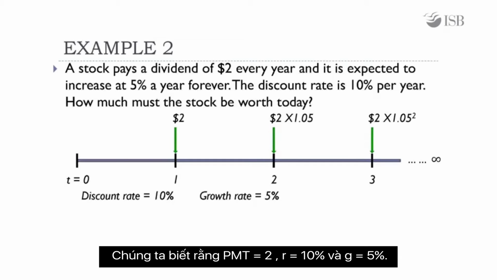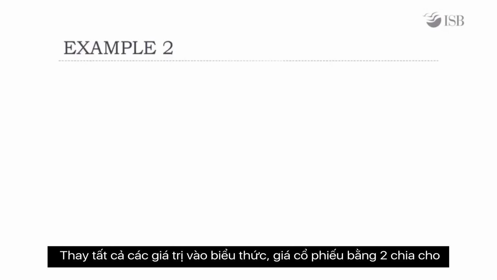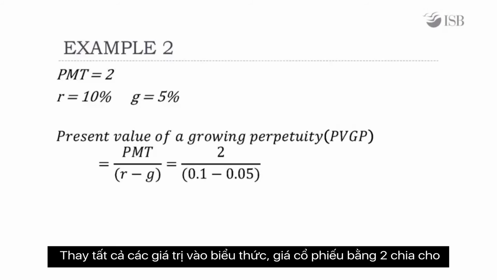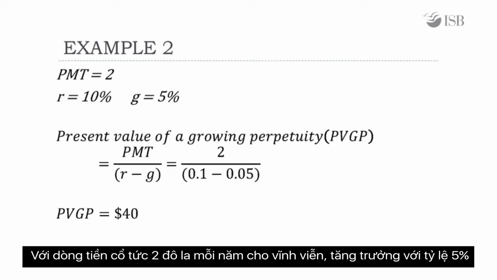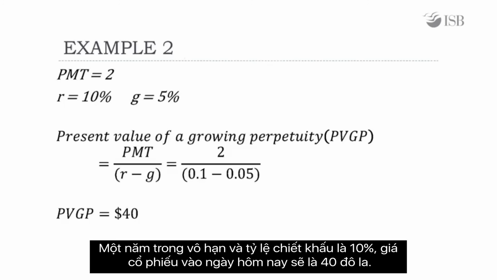We know that PMT equals 2, R equals 10% and g equals 5%. Plugging in all the values, the stock price equals 2 divided by 0.10 minus 0.05, which equals $40. Given the $2 stream of dividends every year forever growing at a rate of 5% a year forever and a discount rate of 10%, the stock price should be $40 today.